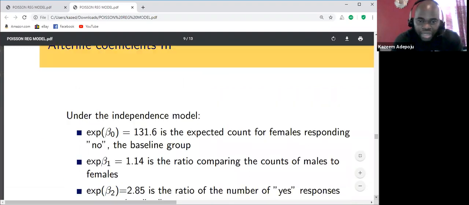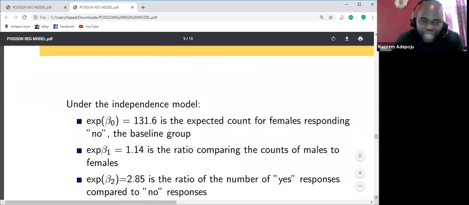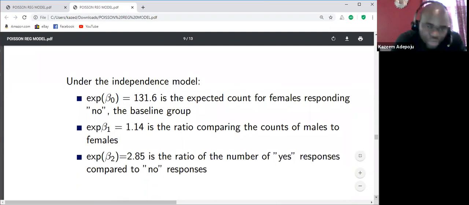I've been able to explain each of that to you under the independence model. The exponentiated beta naught is the expected count for female responding no, the baseline group, and the exponentiated beta 1, which is 1.14, is a ratio comparing the count of male to female.